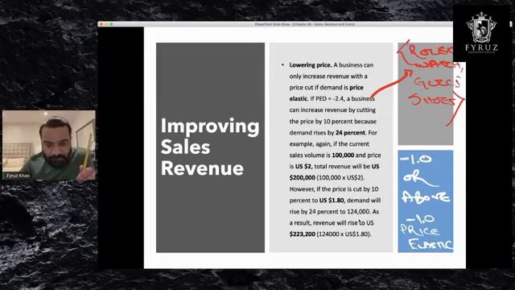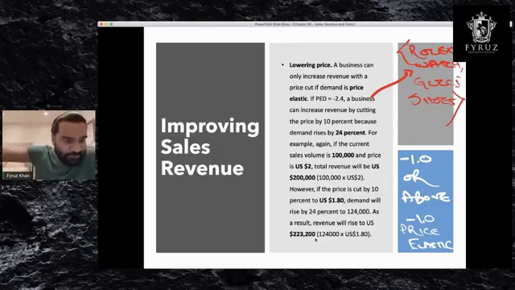So the price is decreasing, you're making less profit per unit, but the demand for the overall product has increased. Therefore, at the end, you will make $223,200.